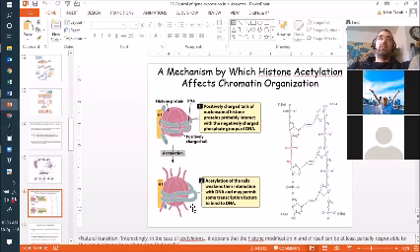Elevated blood sugar levels for long periods might result in acetylation of a different group of lysine residues. So there is very much a histone code of which residues get acetylated in response to which signals, essentially.